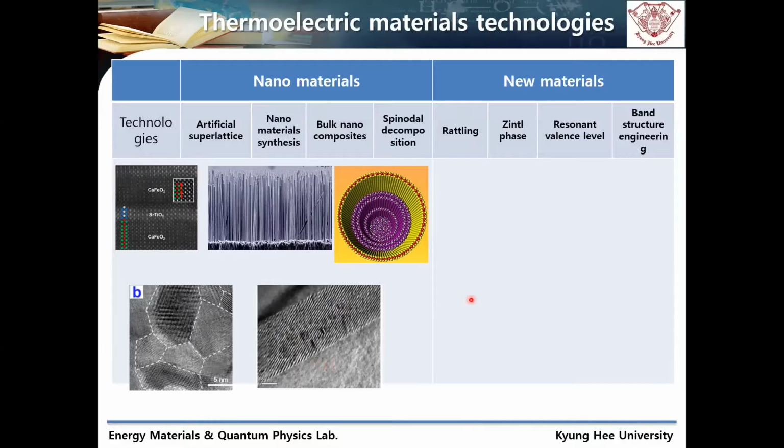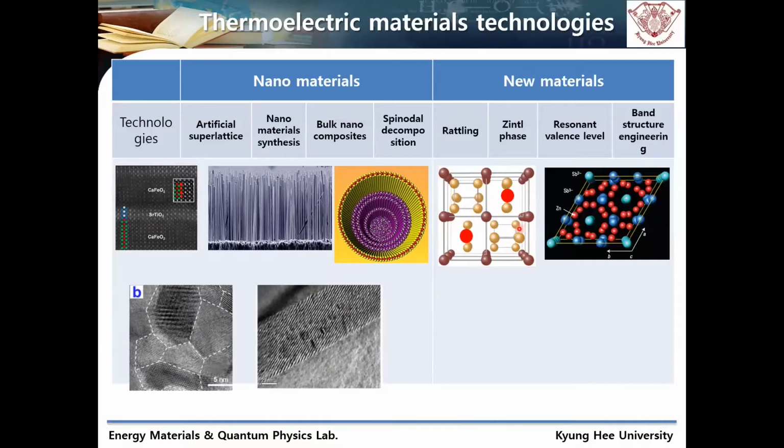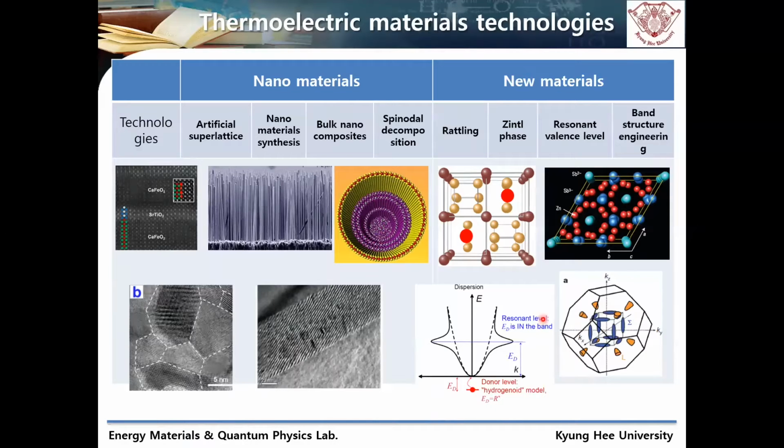In the case of new materials, rattling and interfaces are a good strategy to reduce lattice thermal conductivity while preserving high electrical transport. And resonance valence band and band structure engineering are very effective methods to increase the power factor.